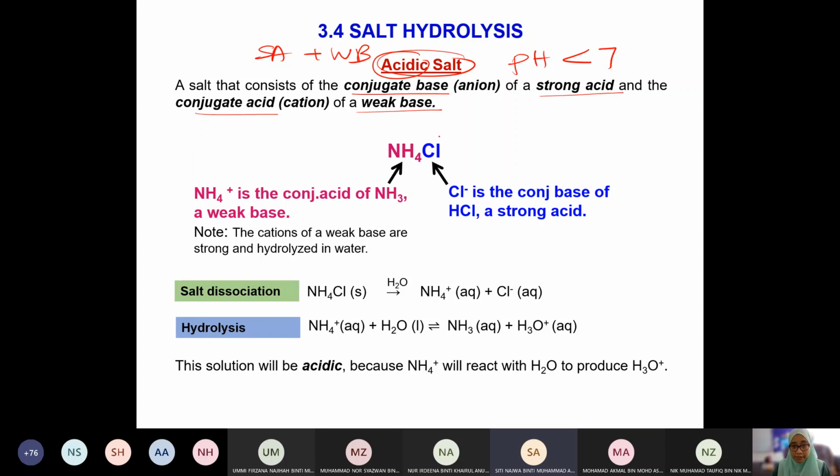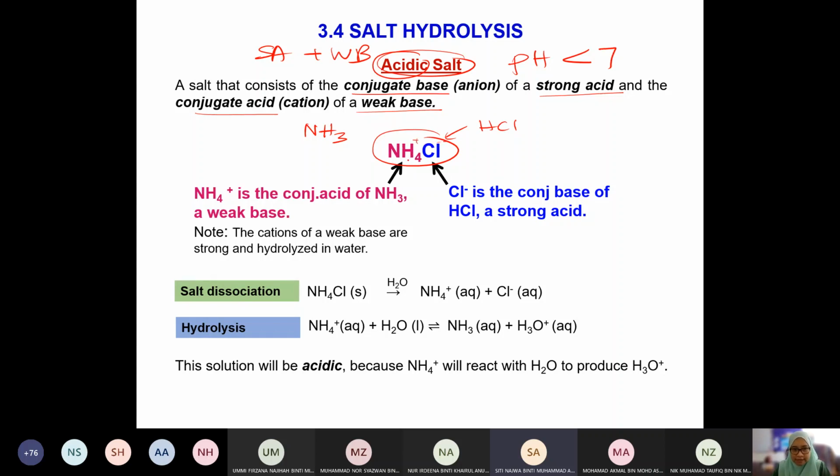Okay, so we are going to be based on the salt. We have to predict NH4 may come from NH3 from the weak base. Okay, NH4 come from NH3. Cl on the other hand come from HCl. Okay, all right. So this is strong acid. This is weak base. Okay, so this is NH4 plus. Betul tak?